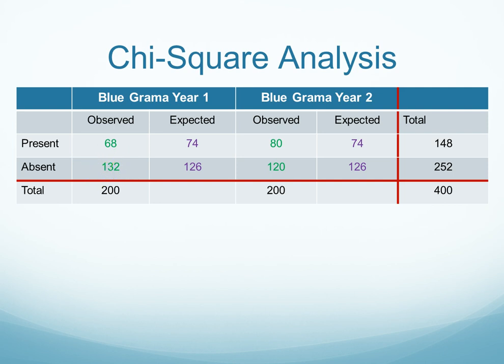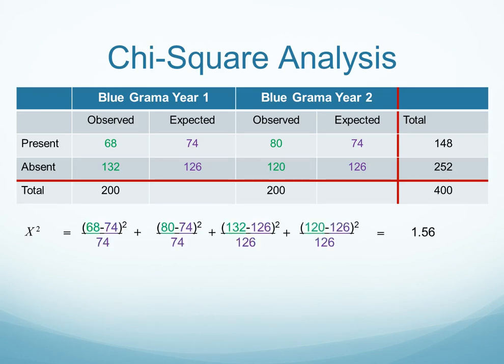In year 2, we had 40% frequency, so the number of quadrats in which it occurred was 80, and the number of quadrats in which blue grama was absent is 120. We use the approach to determine the expected values and then follow the guidelines to calculate a chi-squared statistic.